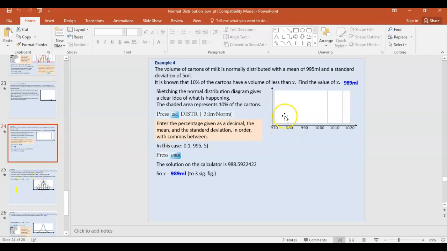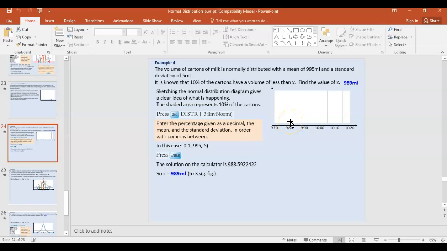Anyway, if we looked at the curve in this, if we said that there is 10% less than x, that means x would be some number over here, because there's only 10% shaded below x. So x would be somewhere over here, probably close to 980. I don't know because there's no graph up here, but it's going to be some x-axis value over here.